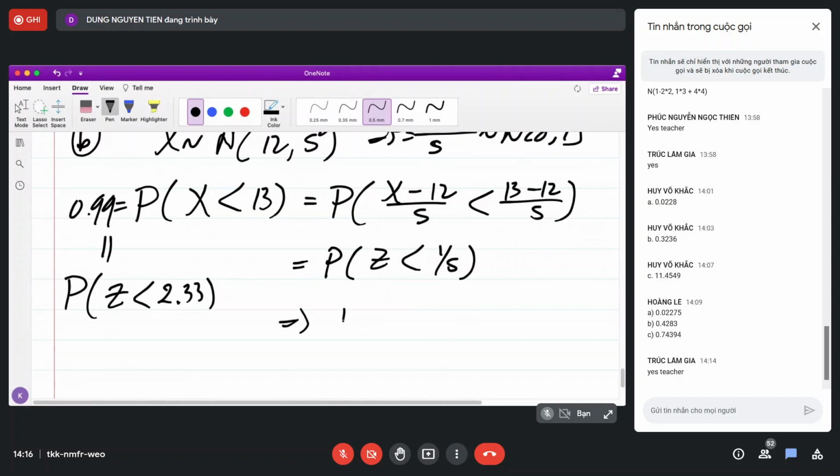So 1 over S is 2.33, or let's say S is 1 over 2.33. Do you understand? Is it okay?